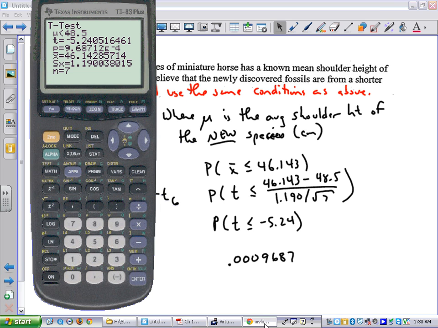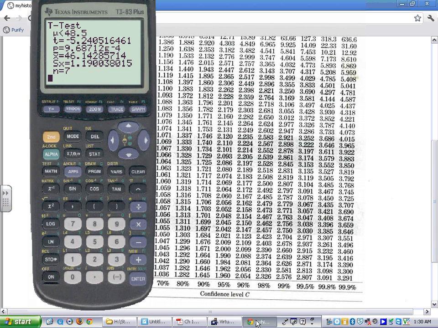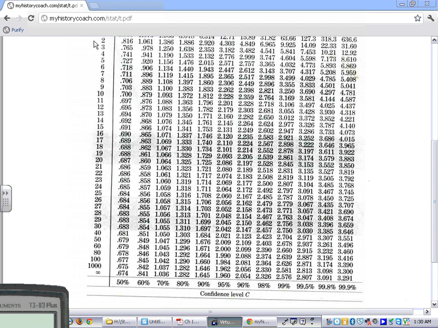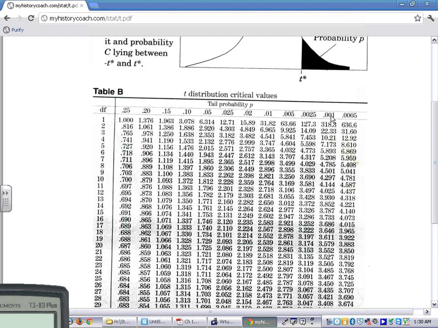If you were using your chart, once you calculated this out to get the negative 5.24, you'd look on the chart again for 6 degrees of freedom, and you see that 5.24 is between these two numbers here, which means that my p-value is between these two numbers here.